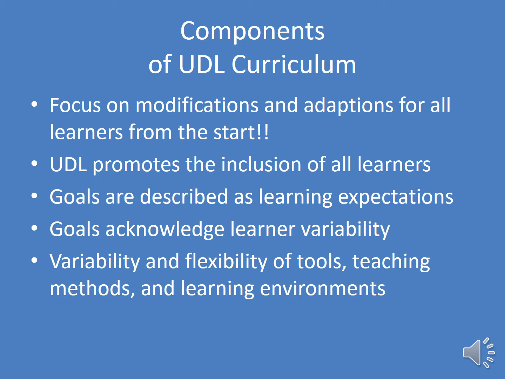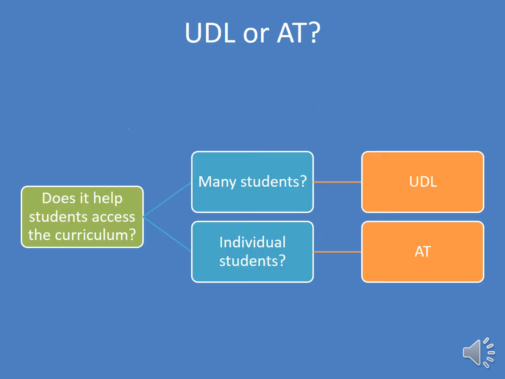Goals of the lesson and goals of the activities are described as learning expectations, but we're acknowledging the variety of our students and the strengths and weaknesses that they possess, and in turn the flexibility of tools and materials and methods that we then need to provide to make the learning successful. You're basically looking at the curriculum and the barriers that it presents for some of our students and acting before and changing those elements before the student has a chance to fail.